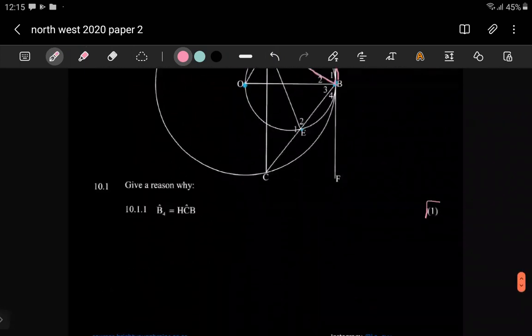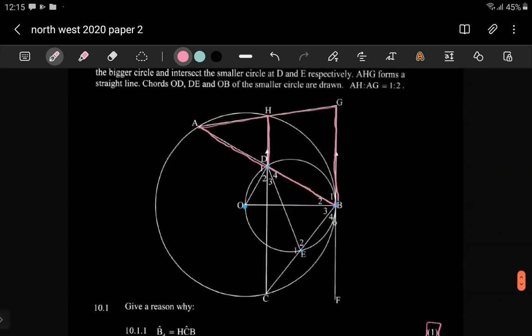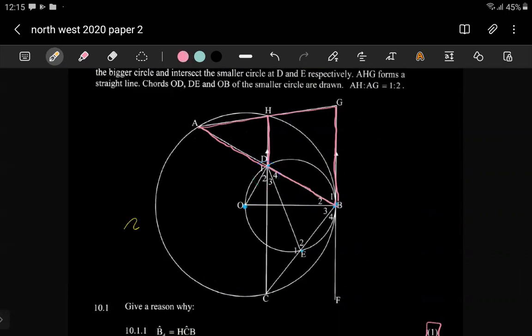So for 1 mark, they said give a reason why B4 is equal to HCB. Where is B4? B4 is here. HCB is here. Wow, why do they have to be so extra? So B4 is here, and the other angle, HCB, is over here.